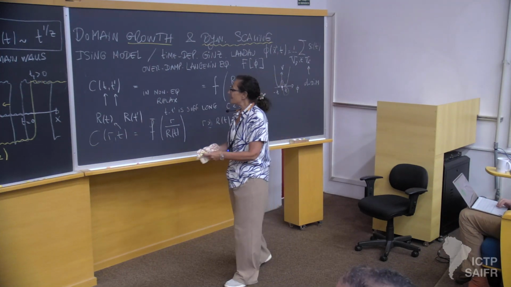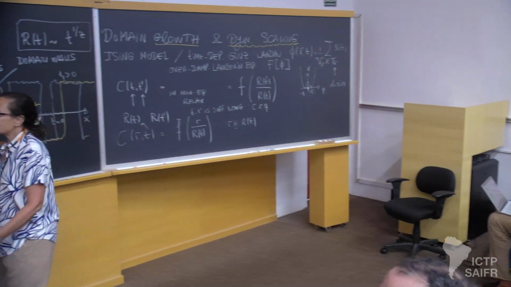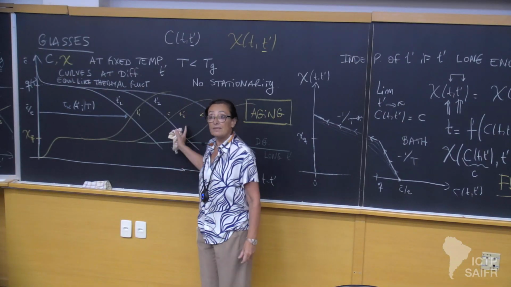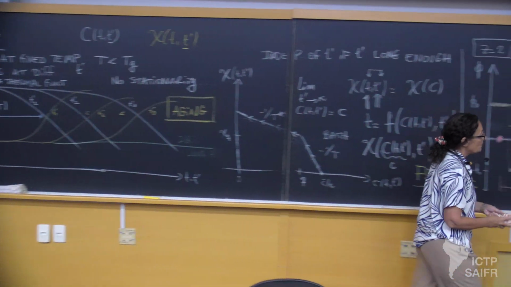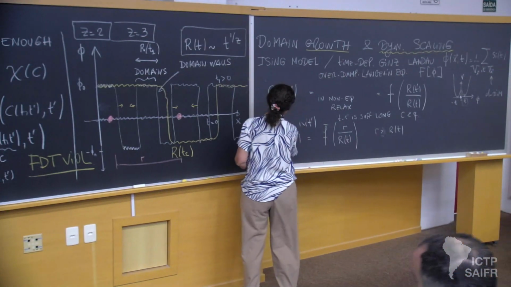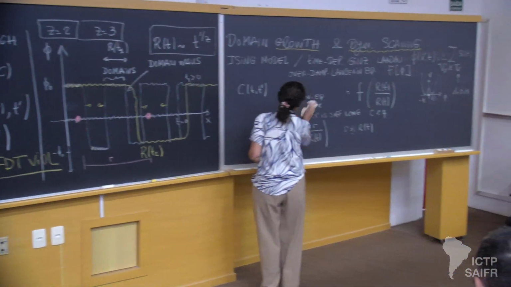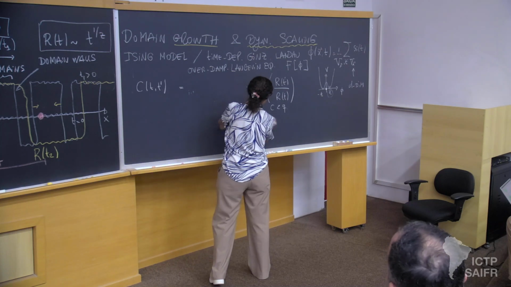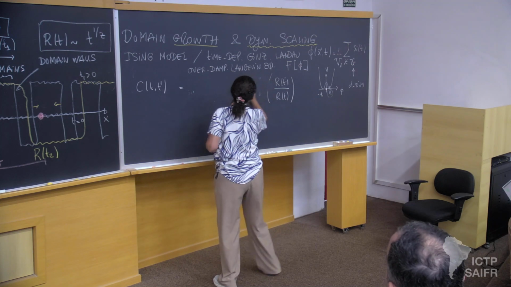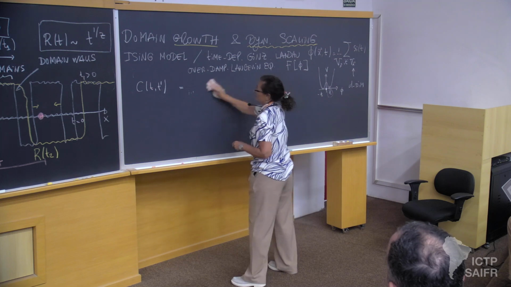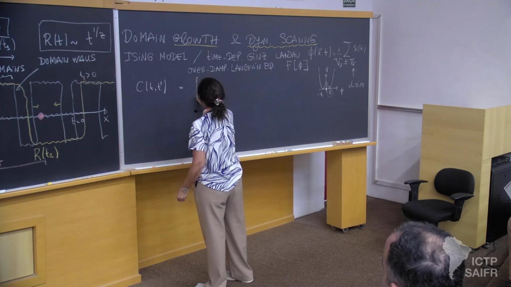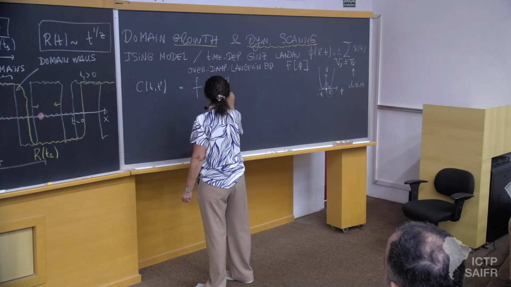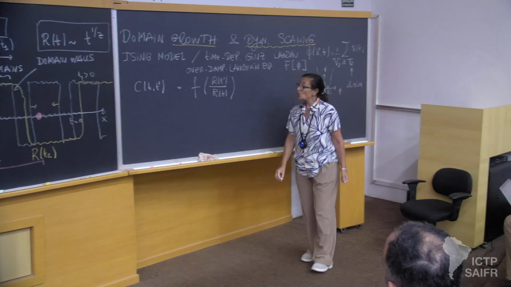Now, how do I see that the relaxation gets slower when time increases? Like these phenomenological plots are telling you, if I have a scaling of this kind. How do I see it mathematically? Is this consistent with that? Okay, let me write it again. So it's very simple.